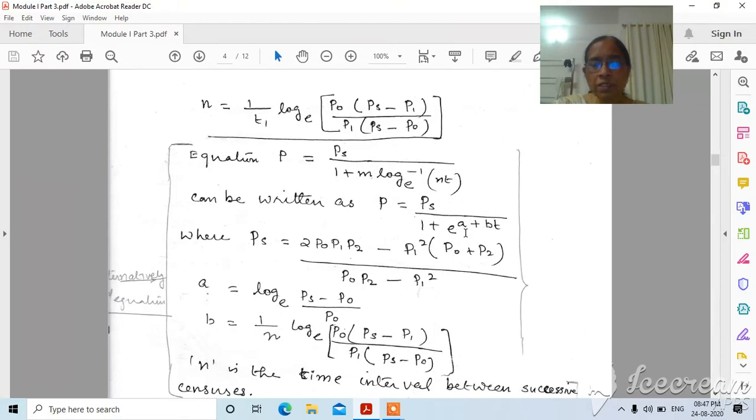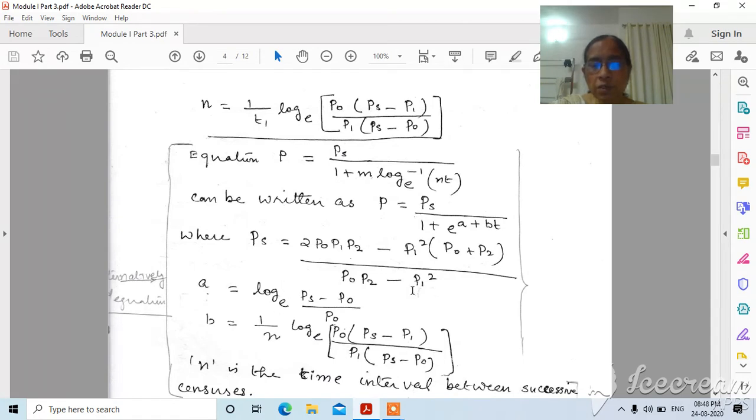And again what is a and b? a is nothing but log e Ps minus P0 by P0, and b is equal to 1 by n log e into P0 into Ps minus P1 divided by P1 into Ps minus P0, that is b.